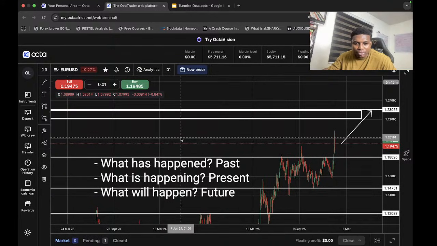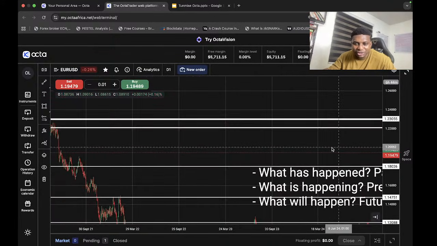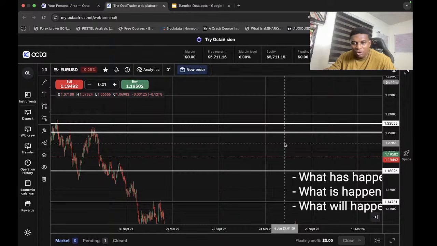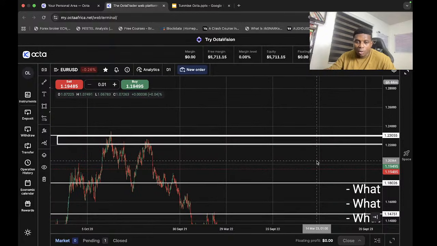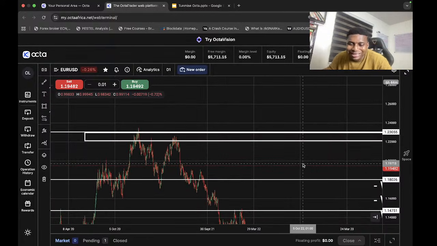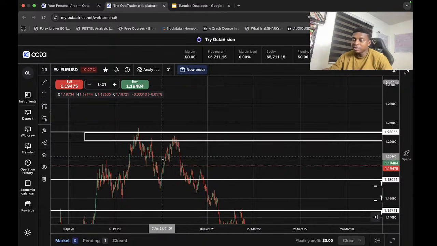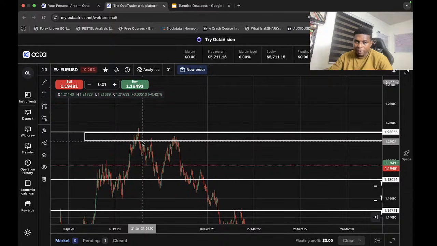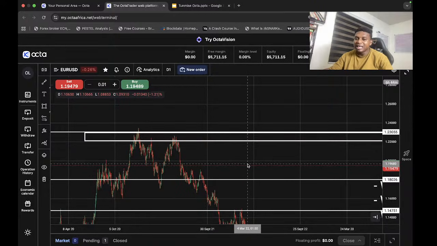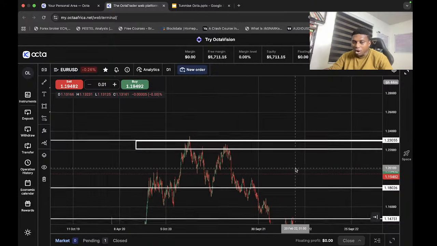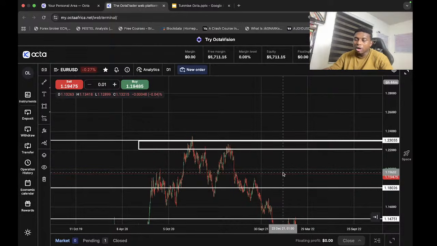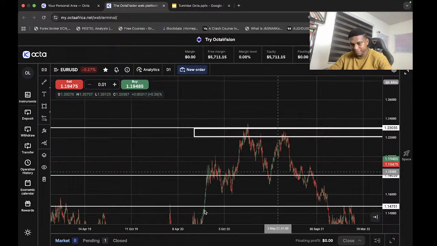Currently price is trading at 1.19490. However, price has gone above that level historically in 2020-2021, far above it to 1.23055. So there is a likelihood that the future wants to repeat itself.